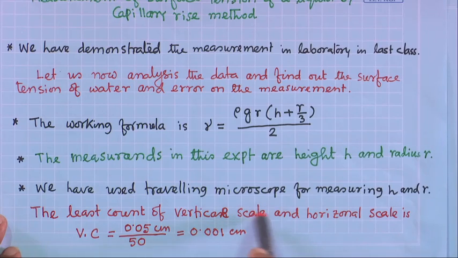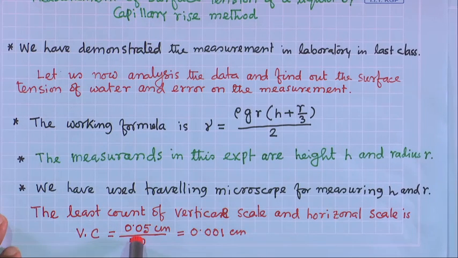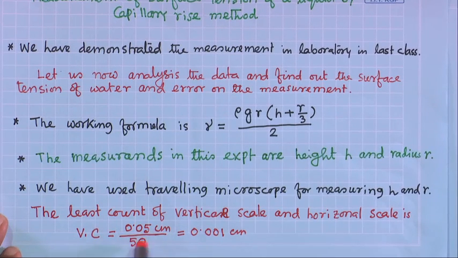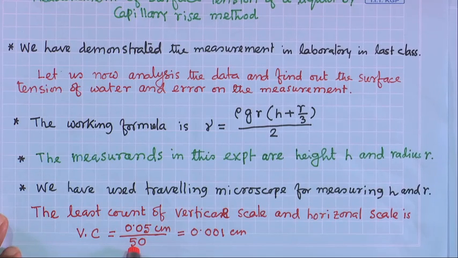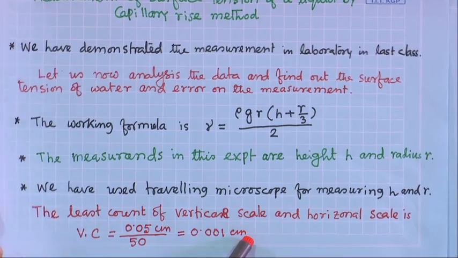For both scales the smallest division in the main scale is 0.5 millimeter, meaning 0.05 centimeter, and the vernier scale has a total of 50 divisions. So, the vernier constant is 0.001 centimeter.